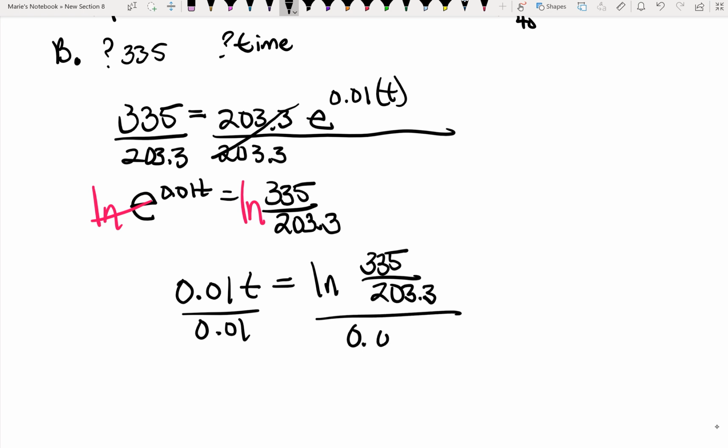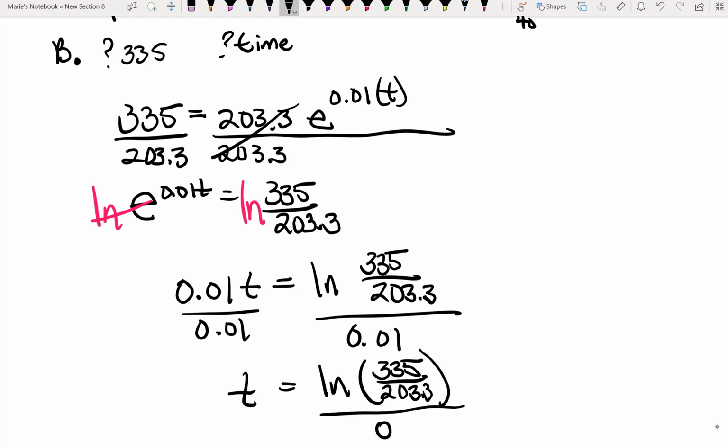This leaves us t is equal to the natural log of 335 million divided by 203.3, and all of that divided by 0.01. You should get approximately 50 years.